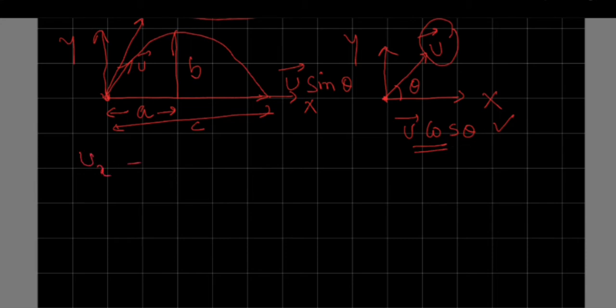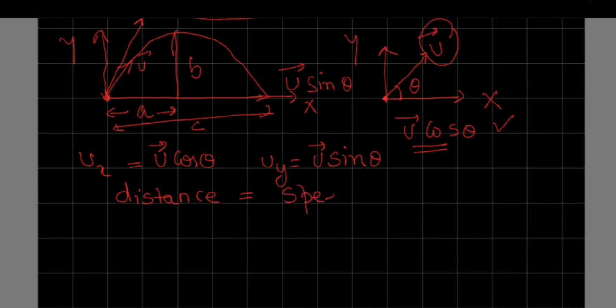So ux is u cos theta and uy is u sin theta, right? Now if you have to find out the distance, let's say a or b, whatever it is. So a is your horizontal distance, right? So what it would be, distance is always speed into time, or displacement is velocity into time, right?